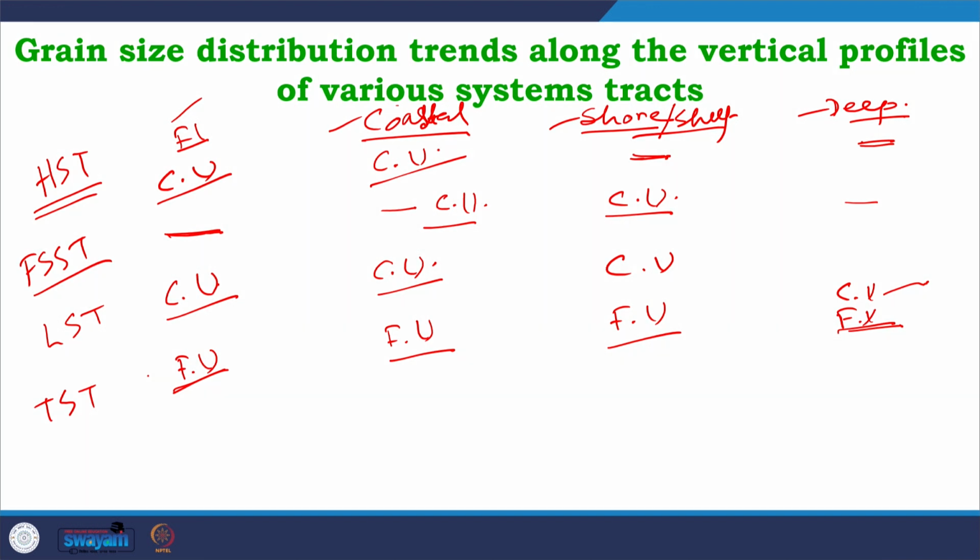So, each of these systems tracts and the resultant package of sediments are associated with different economic opportunities in terms of mineralization and the occurrence of different resources, for example, petroleum, for example, coal.